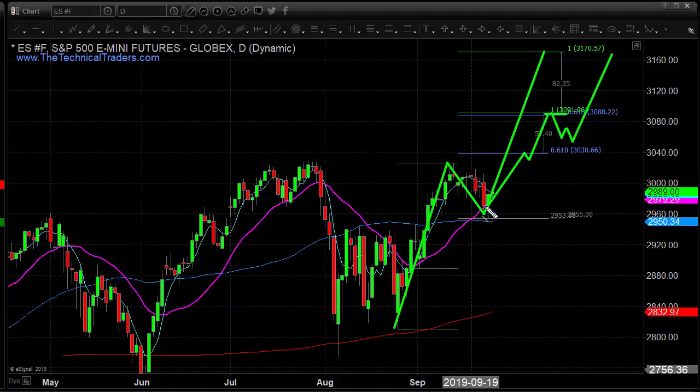So there's potential for some pretty big upside moves in the equities market, but it needs to find a bottom and start to break to new highs. We've got to get to this 618. If we can hit the 618 and have some type of pullback, usually we see the 100% measured move hit almost every time. So that's what we're looking for.